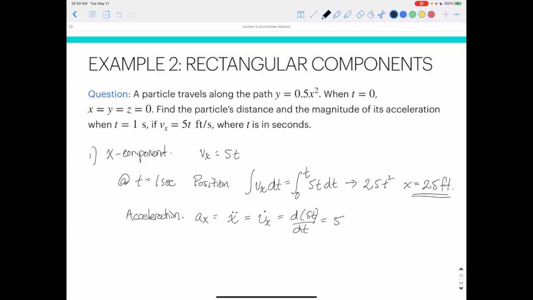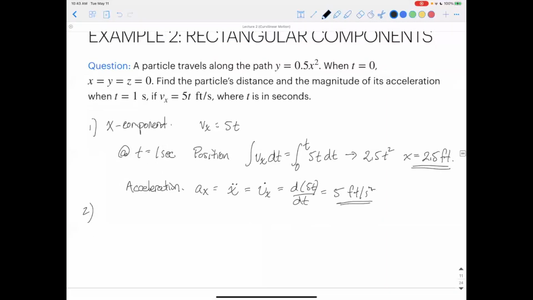So our x component of acceleration is equal to 5 feet per second squared. And that's constant with respect to time, so at t equals 1, it's still 5 feet per second squared.